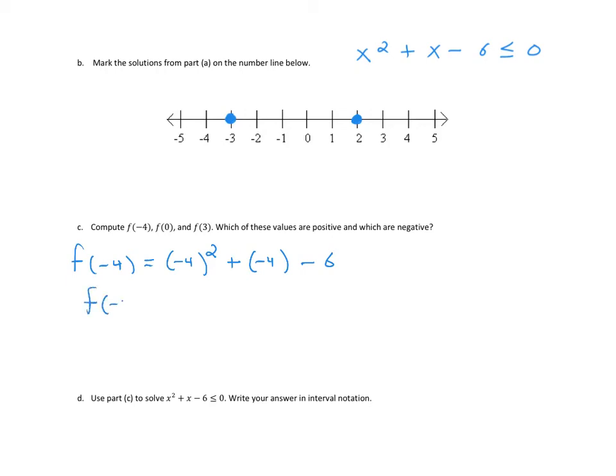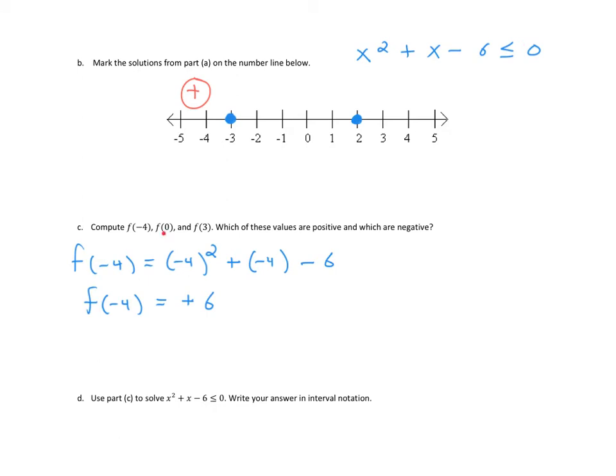So f of negative 4 is positive 6. And all I really care about is the fact that it is positive. This tells me that if we are on negative 3 and we're going in this direction, we're always going to get positive numbers in this expression. So I don't want those. I only want ones that are negative.